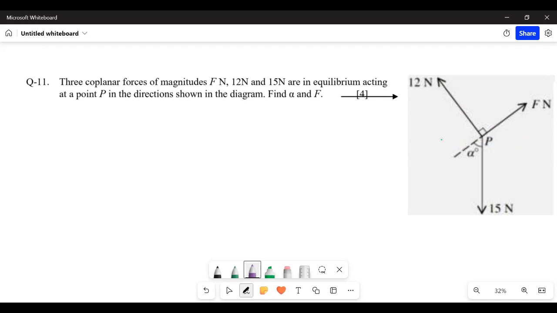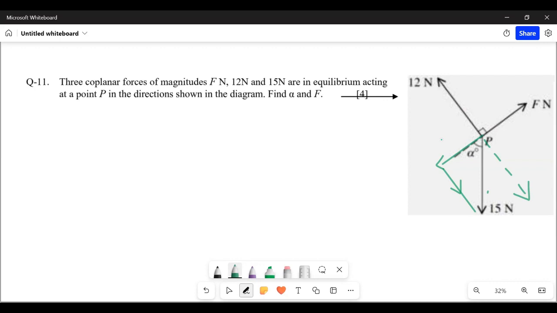So you'll get vertical and horizontal forces by just resolving the 15 Newton force, because one component of the 15 Newton force is opposite to F Newton and the other is opposite to 12 Newton.